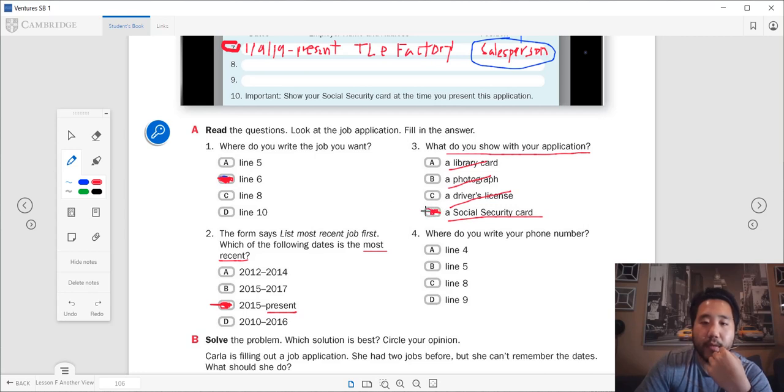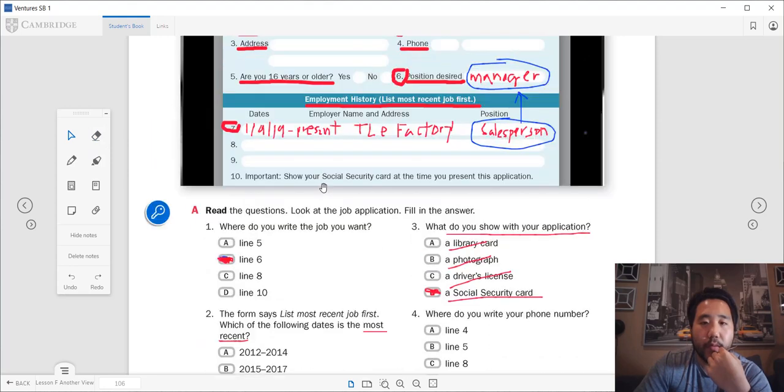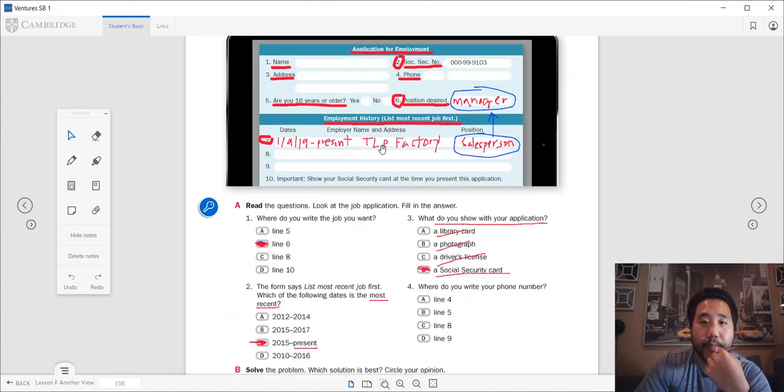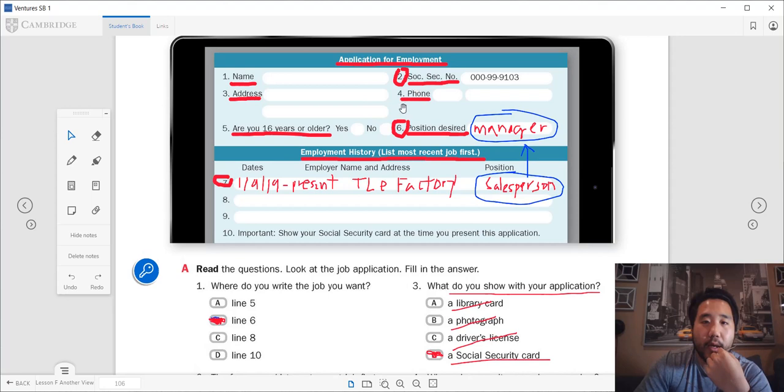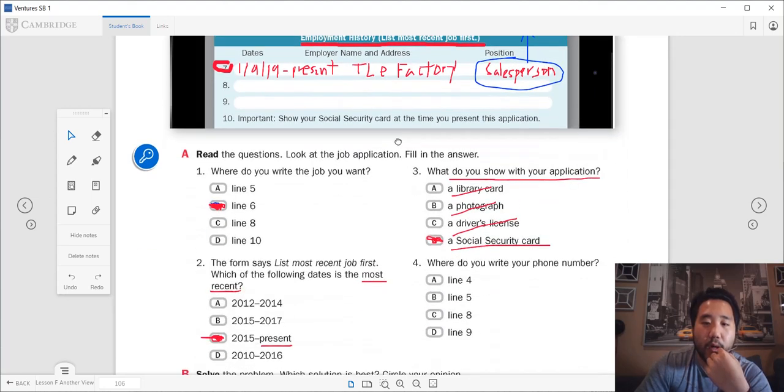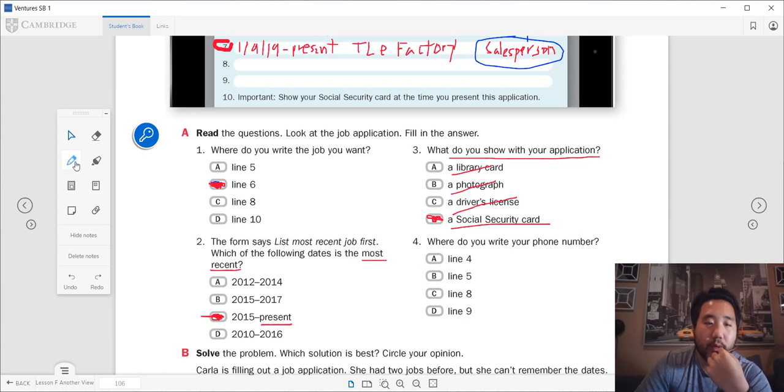So D is the answer for number 3. Number 4, where do you write your phone number? Go back. Phone number has to do with personal information. So we can see that here we have phone. So line 4 will be the correct answer.